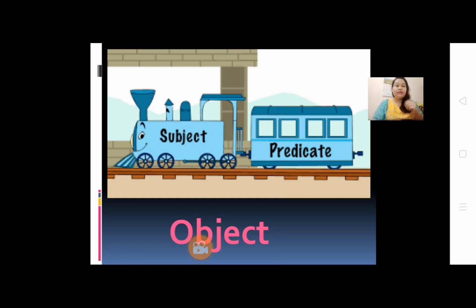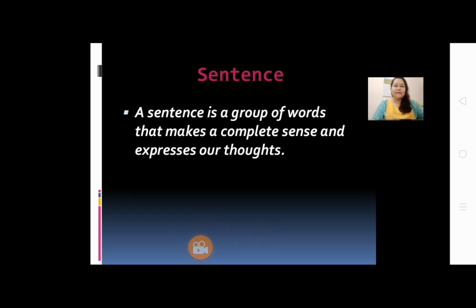Children, have you ever wondered why we use sentences? Well, we use sentences to speak, read or write. For example, when we group different letters of the English alphabet, they make a word. In such a way, when we group different words in a proper sequence, they make a complete sentence.